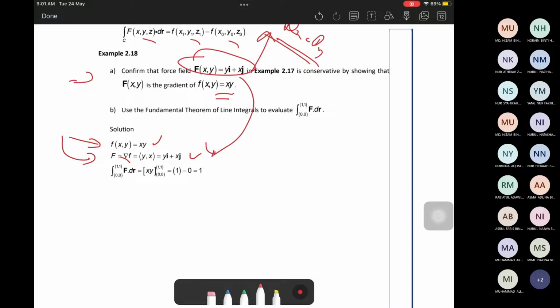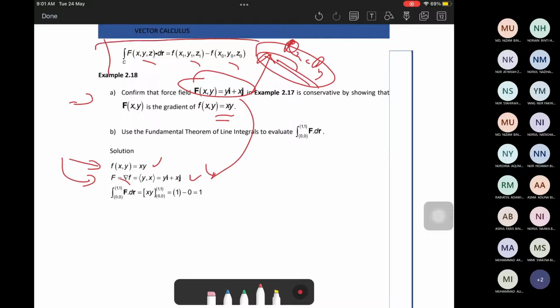Okay, ataupun gunakan yang saya kata tadi, guna atas pun tak ada masalah, benda yang sama. Okay, next use the fundamental theorem. Jadi by using the fundamental theorem yang ini tadi, kita gunakan untuk menjadi line integral. So the point adalah from 0 to 1, so 0 di bawah, 1 di atas. Okay, F dot dr, jadi F tadi adalah yang ini, F dot dr adalah grad f, from 0 to 1.